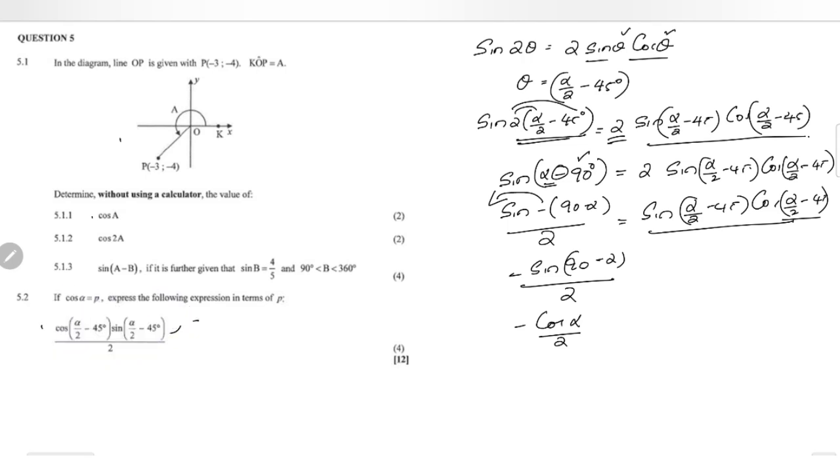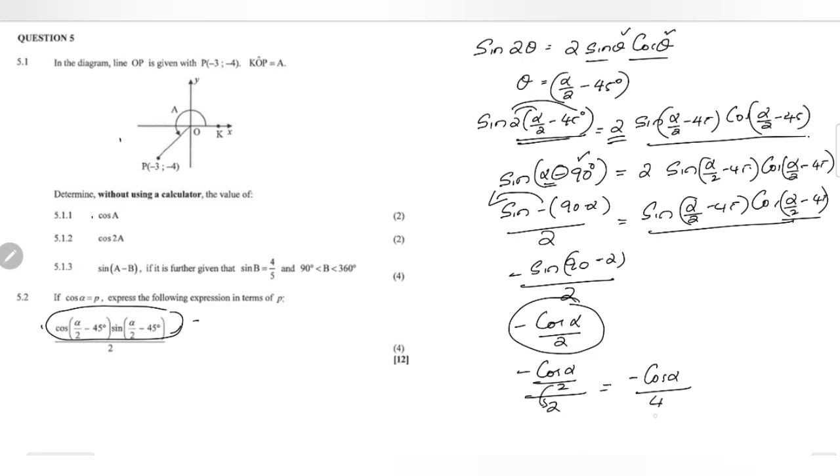In the numerator, I am going to write minus cos alpha divided by 2, all divided by 2. I replaced this with minus cos alpha over 2. Now when you simplify this, minus cos alpha divided by 2 will go down, which is going to be over 4. What is cos alpha? It is p. So it's going to be minus p over 4. So this is how we do this question.